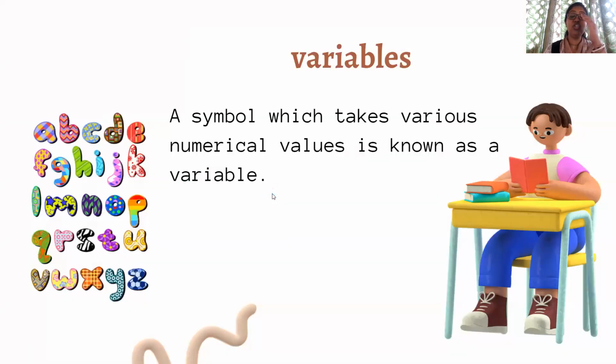If the value changes, it is not fixed, it is not constant, keeps varying, then it is termed as a variable. So A, B, C, D, you see I have marked here. So all these are termed as variables. All right, very quick recap. So algebraic expressions are combinations of constants, variables, and the 4 fundamental operations.